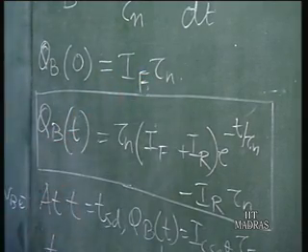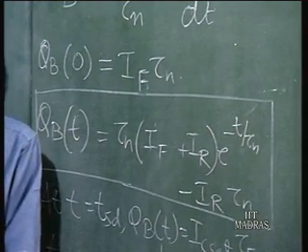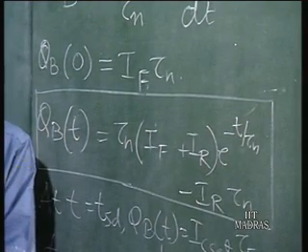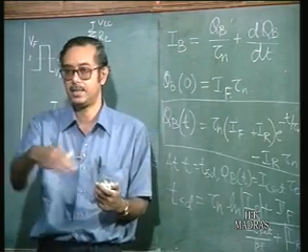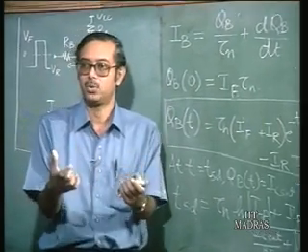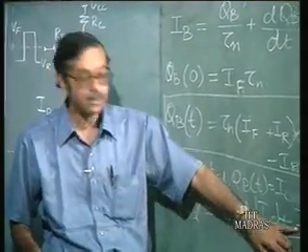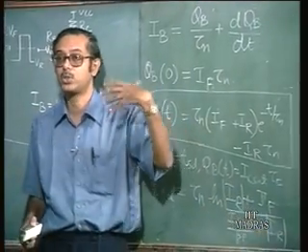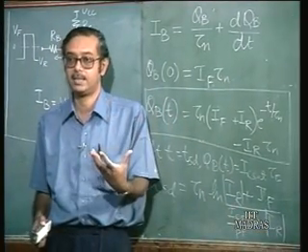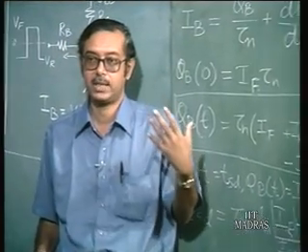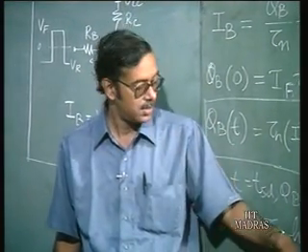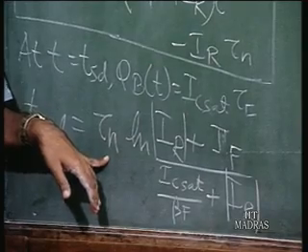So, the initial charge itself was larger if the forward base current was larger. So, to come down to IC sat tau t, it is going to take more time. If you have larger forward current, you are storing more excess charge in the base, so it will take more time to remove that charge. So, the delay is going to be larger.